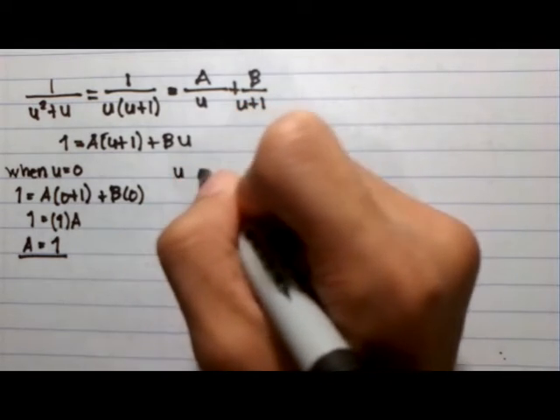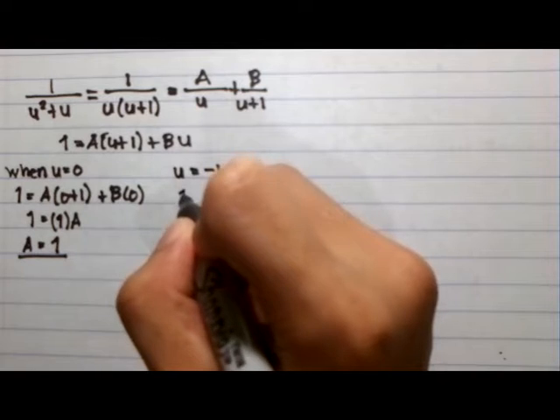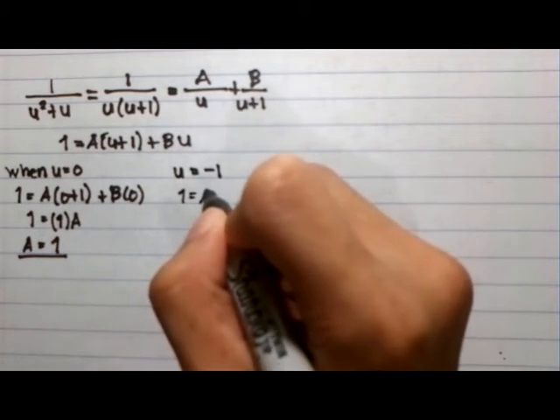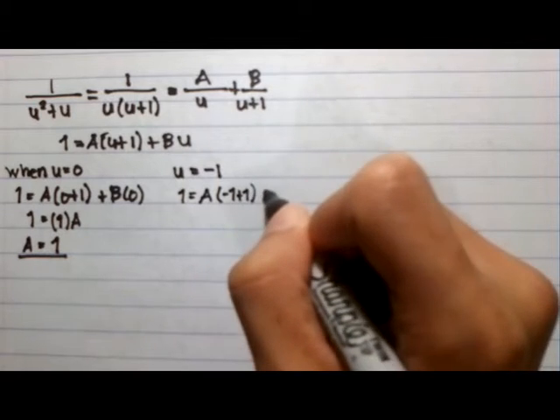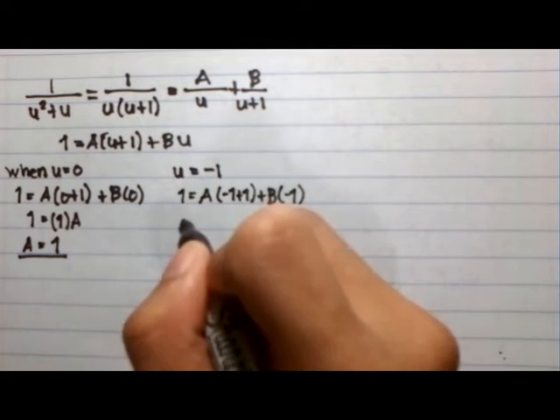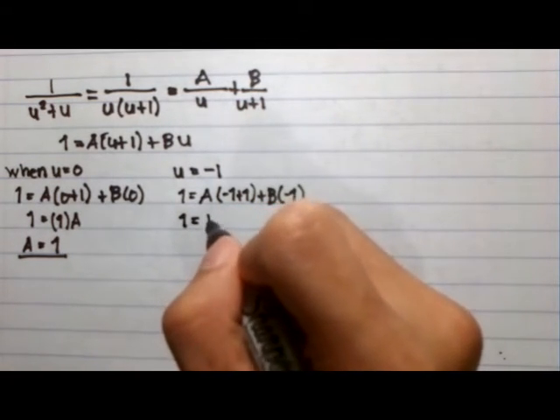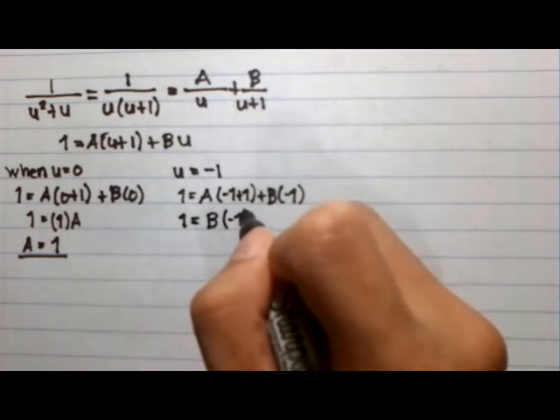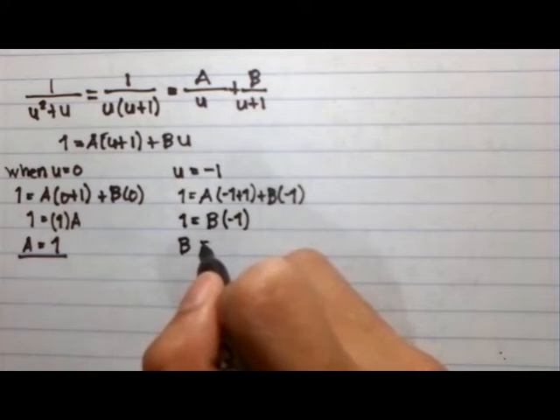And when u is equal to negative 1, 1 is equal to a times (negative 1 plus 1) plus b times negative 1, it will result to 1 equals to b times negative 1 and b is now equal to negative 1.